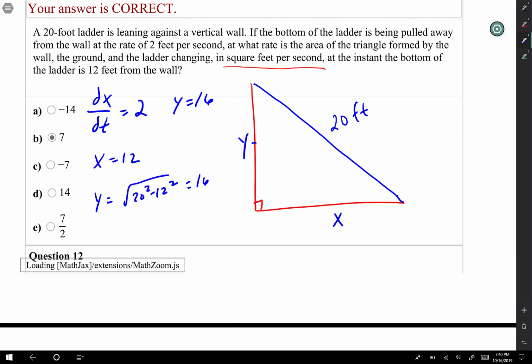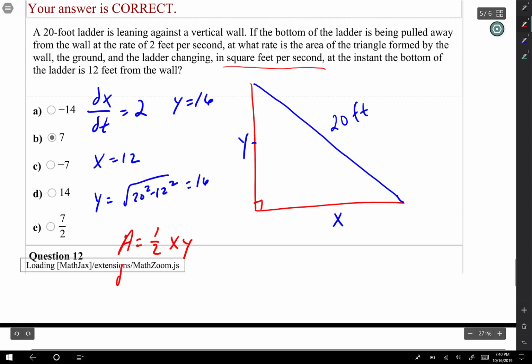Area. Let's do the area in red, guys. I just find red to be a color that's just out there, like bam. You know what I mean? Area is 1/2 x times y, so I'm going to do the product rule. I'm going to bring the half on the outside.